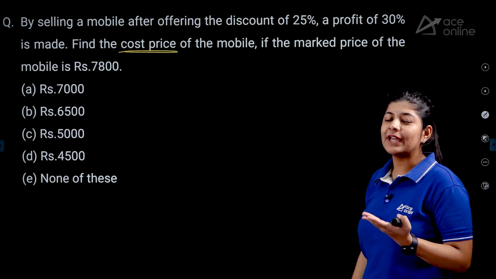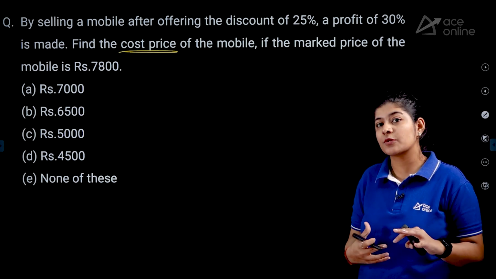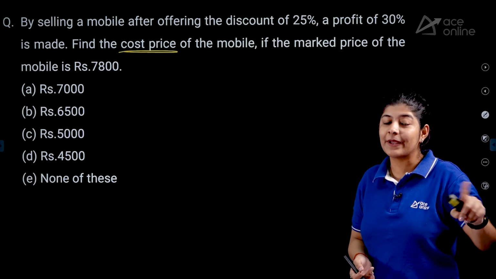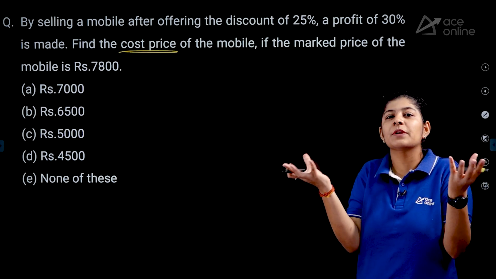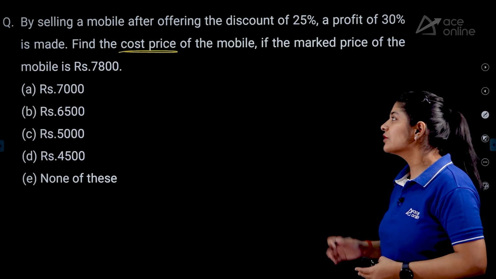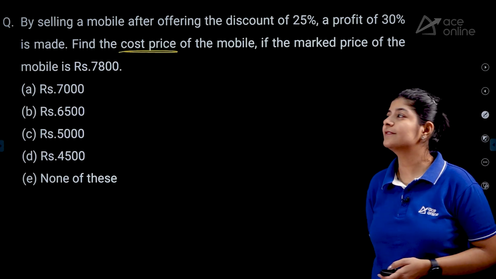And we all know that the profit or the loss is always calculated on the cost price, whereas the discount is always calculated on the marked price, or we can say the MRP. And after both of these operations, we will get our selling price, or we can say the SP. So just use that particular concept and find the correct answer.